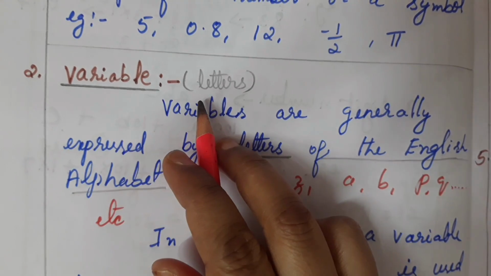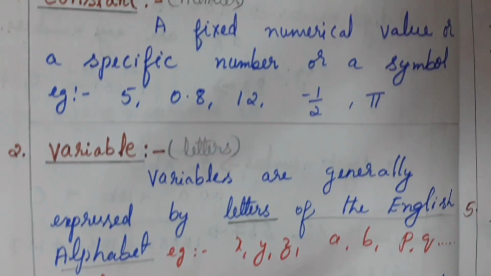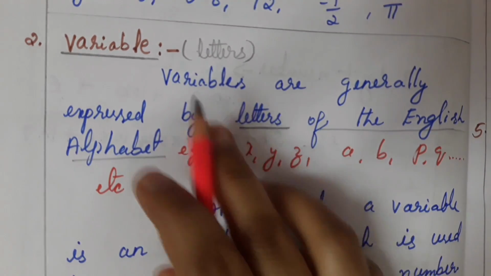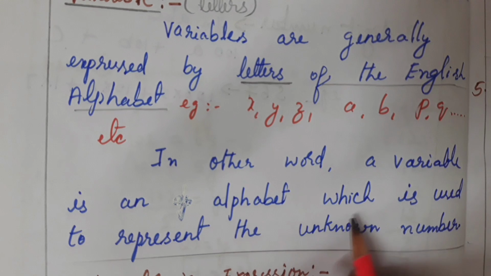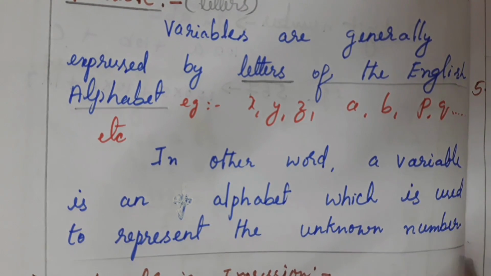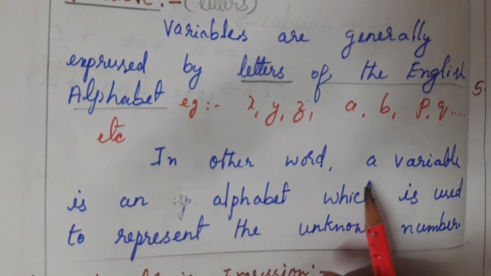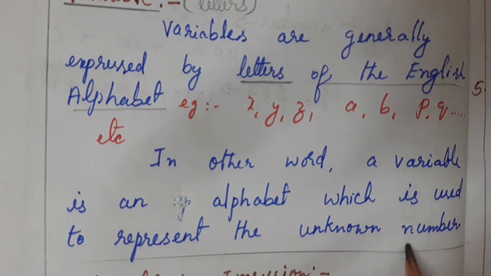Variable means letter, alphabet; literal or numerical we say. In other words, a variable is an alphabet which is used to represent unknown numbers. So I have given it in very simple language.